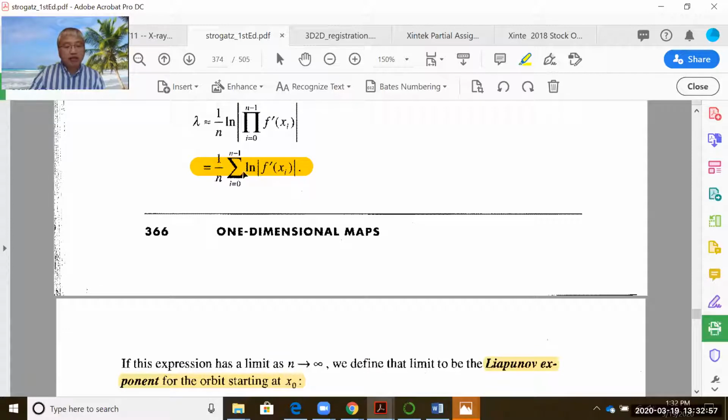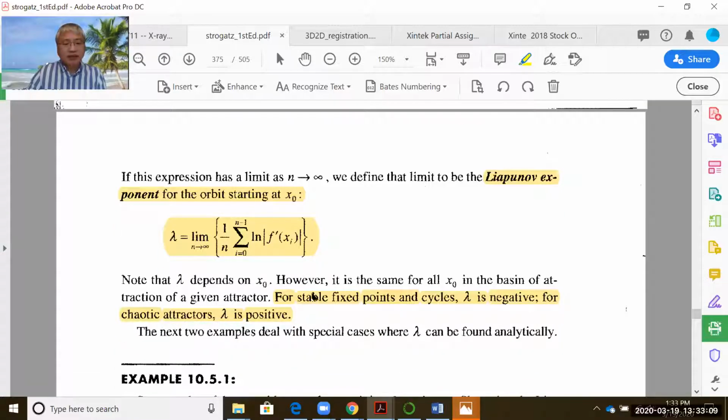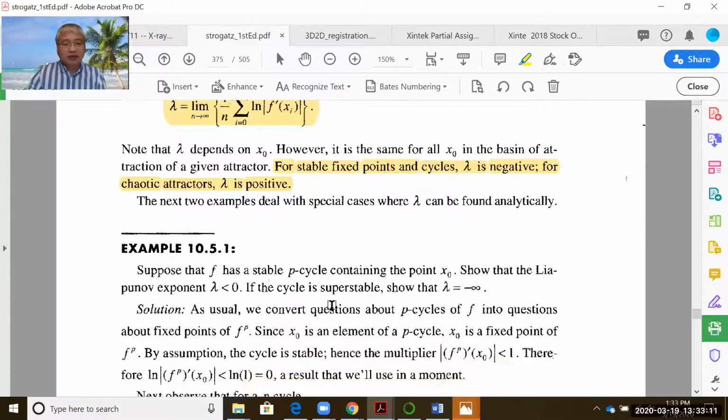So let's provide an analytical way to calculate Liapunov exponents for certain maps. Given by this formula, here is an example. Suppose the cycle is a stable p cycle containing the point x0.